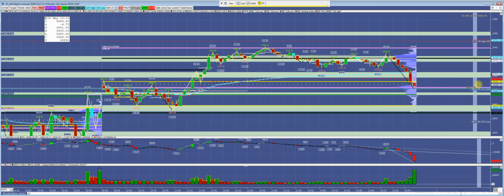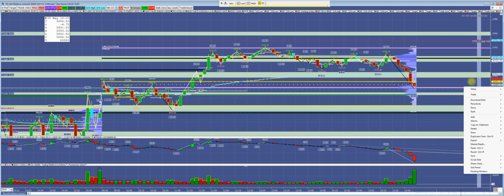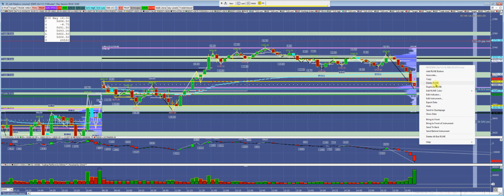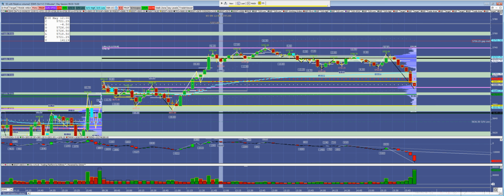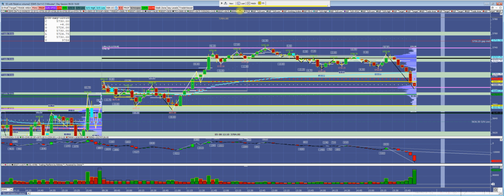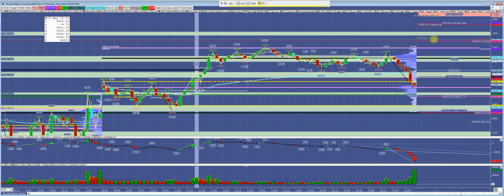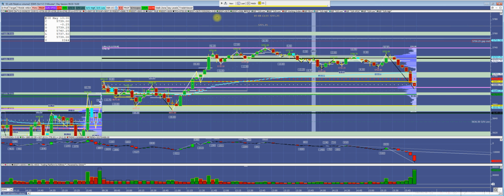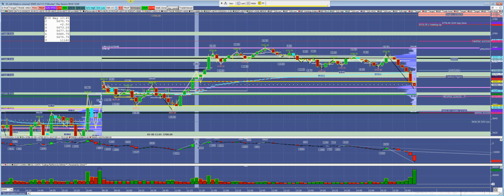Delete that. Delete that. I'll put in my overnight lows, and I'm sure that they're going to have them in here. But let's just go through my hypos. Let's leave the key levels so I can see them.